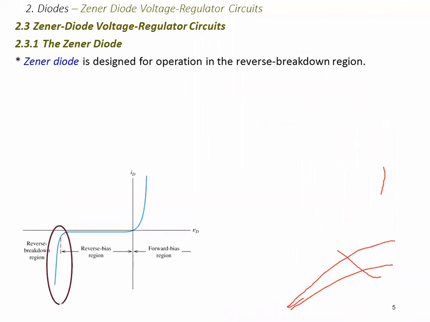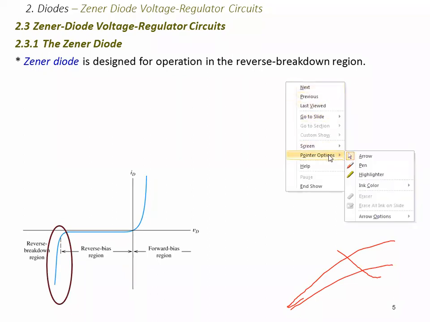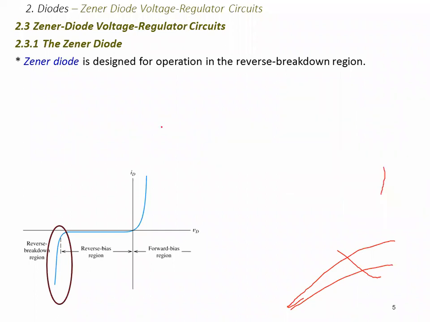A Zener diode, unlike our rectifier diode or our normal diode, can operate in both the positive or forward bias direction and the negative or reverse bias direction.